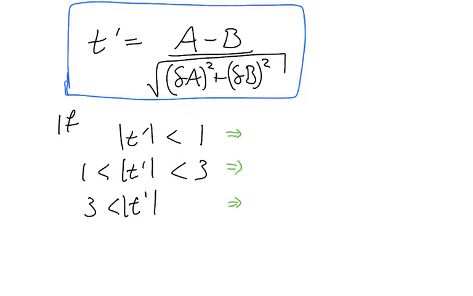If we look at our t prime equation up here, there are some things that come out of this index, this number that comes out. For example, if t is less than 1, then the difference on the top, the numerator, is less than the uncertainty, which means the measurements are closer to each other than the size of their uncertainty, which suggests agreement.